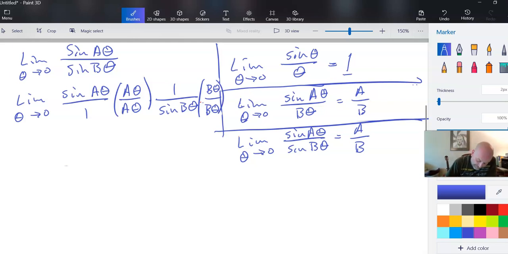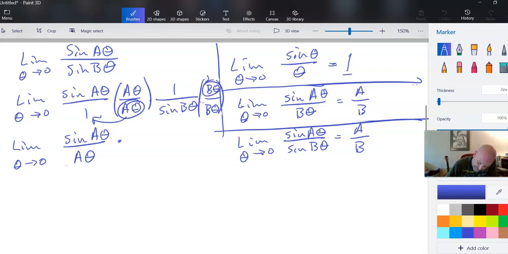Okay, from there, we rewrote the limit as sine a theta over a theta. So that's using this one, putting it in there, times, and I'm going to take this one and put it in here, b theta over sine b theta, and then I was left with a theta over b theta, and the thetas can cancel here.